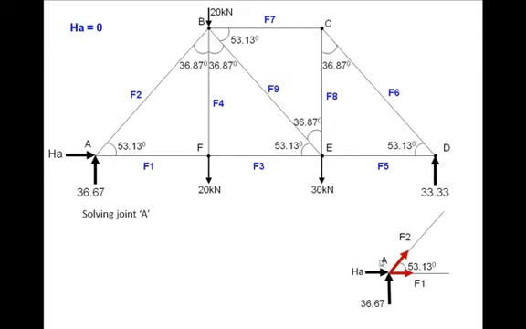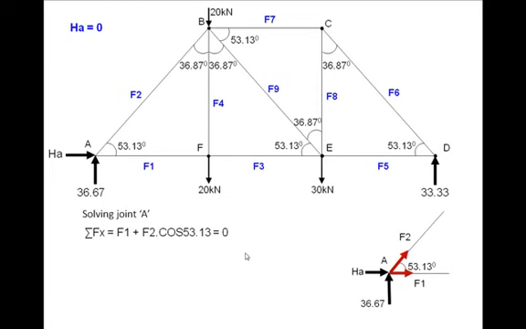Now, this is a situation of concurrent forces keeping the joint in equilibrium, because these 4 forces together must obey sigma Fx = 0, sigma Fy = 0.